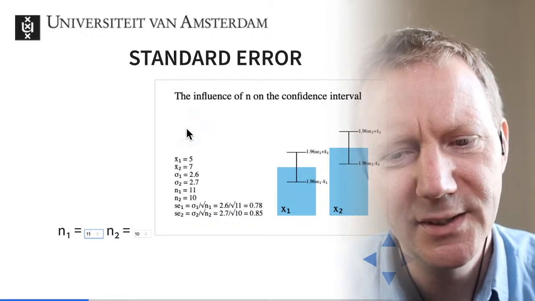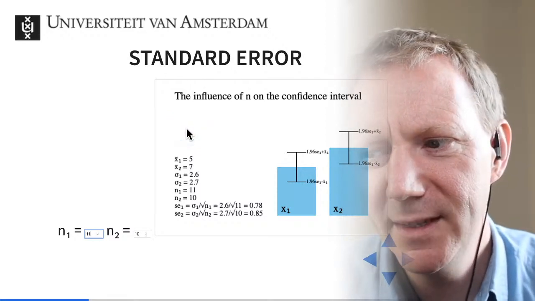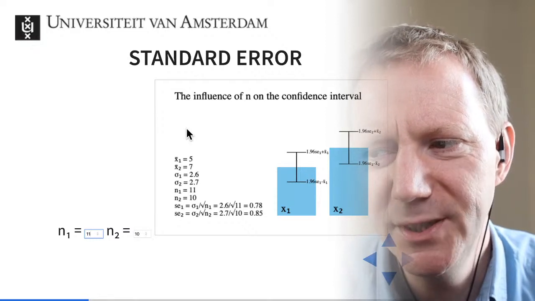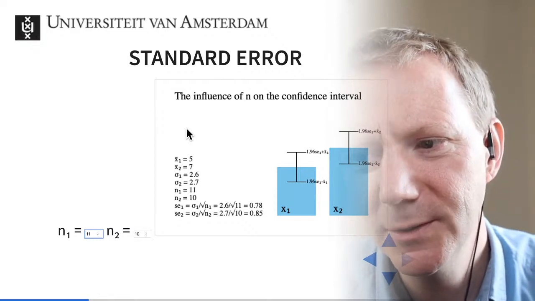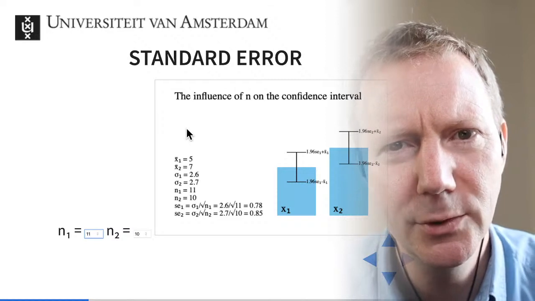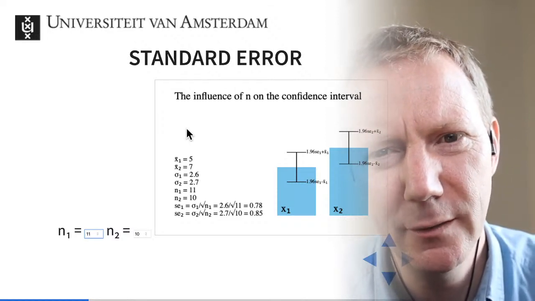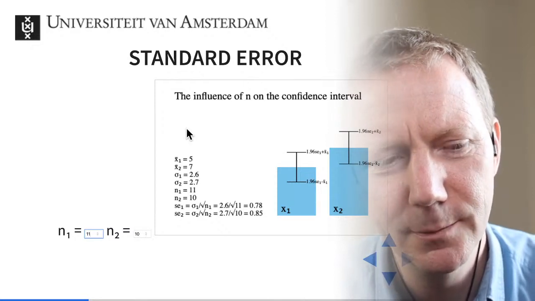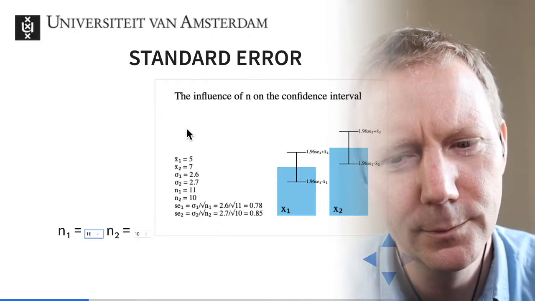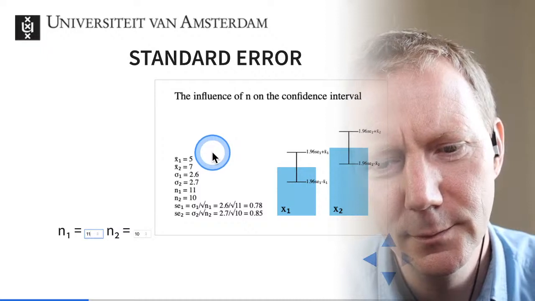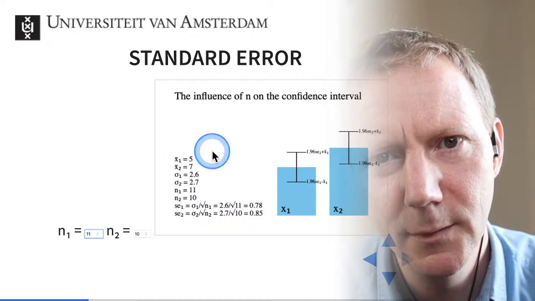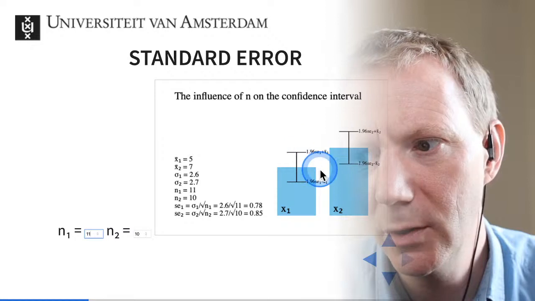So take a look at these error bars. We see the upper bound and the lower bound of these error bars. Would you expect there to be a significant difference if you look at these error bars? Anyone? I would say no, because they overlap. Exactly. The intervals overlap.